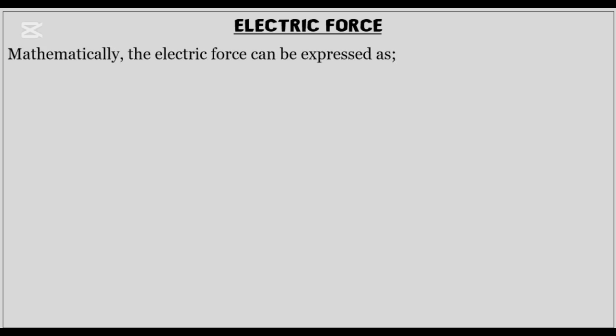Now mathematically we can express this as force being proportional to Q1 Q2, taking two charges, Q1 being charge 1, Q2 being charge 2, then R squared being the square of the distance between the charges.